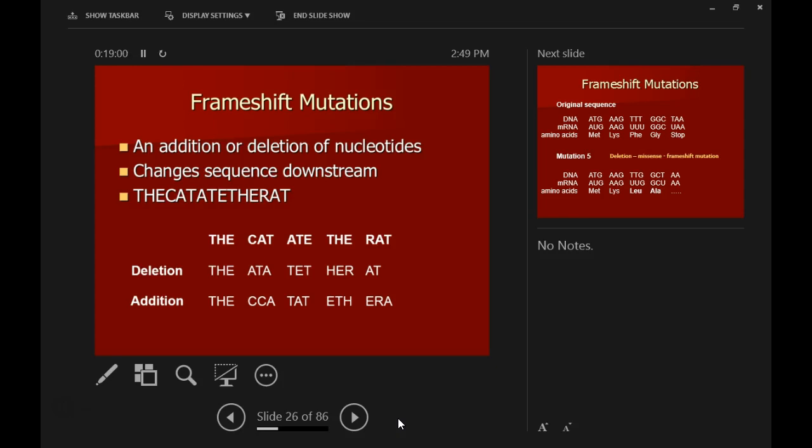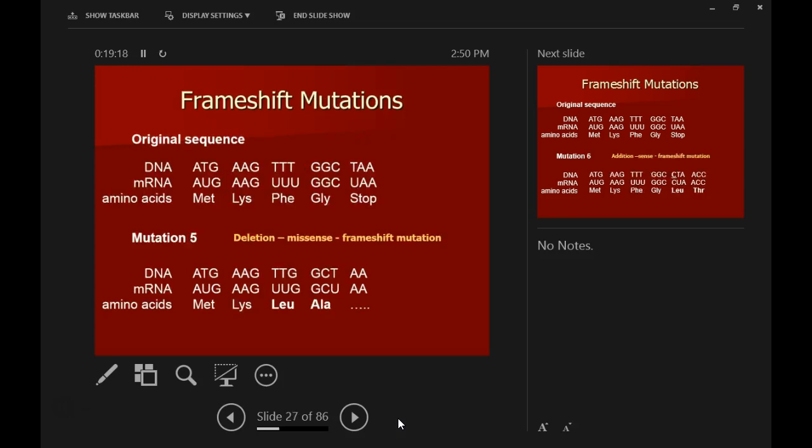You can find where the change takes place. You just follow the normal sequence until you see an amino acid that's different and keeps being different. And you say, oh, there must be a frame shift in here somewhere. So let me show you a couple of examples of some frame shifts.